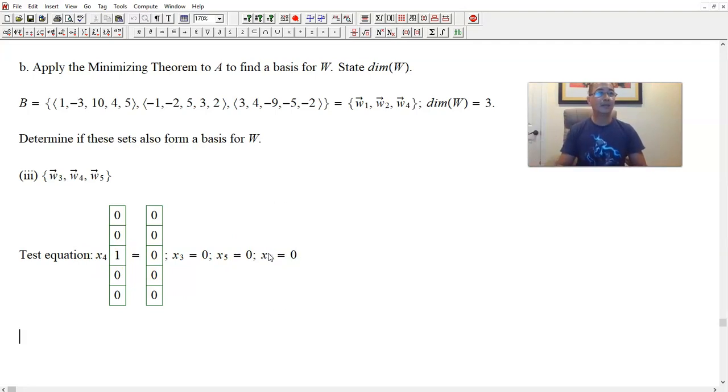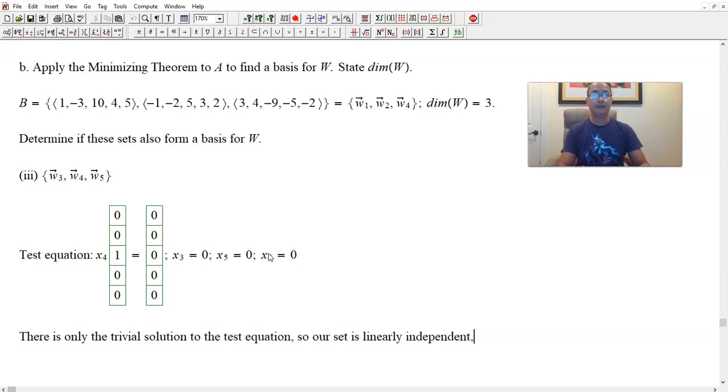Okay, so what happened? We only have the trivial solution. There is only the trivial solution to the test equation. So our set is linearly independent, and therefore it is also a basis for W.